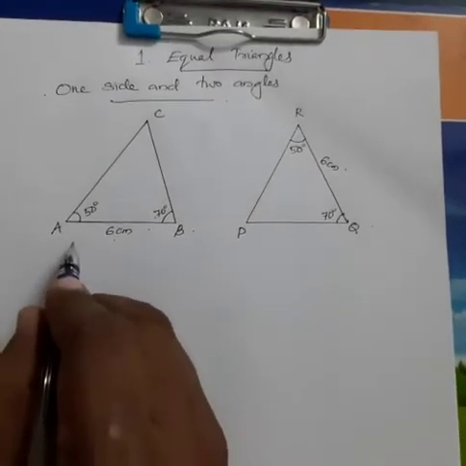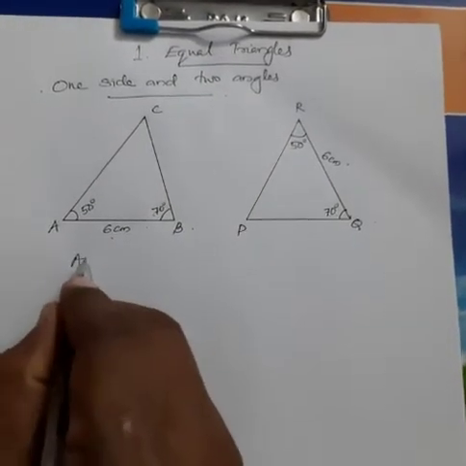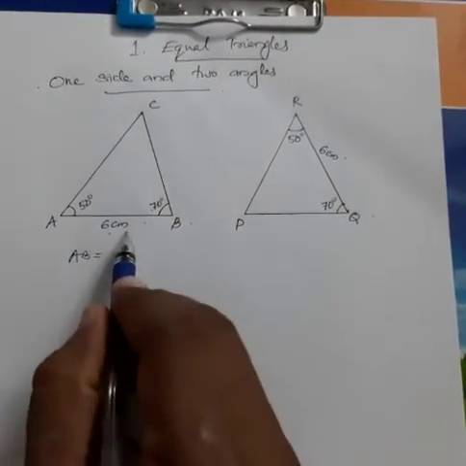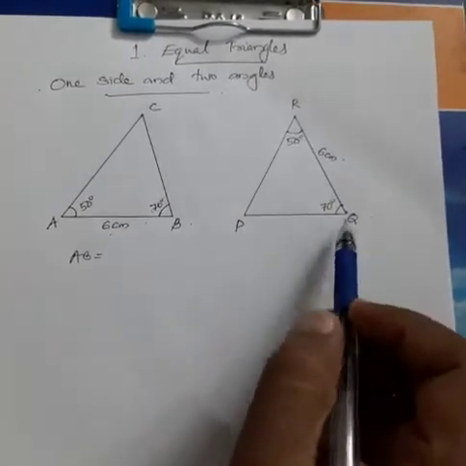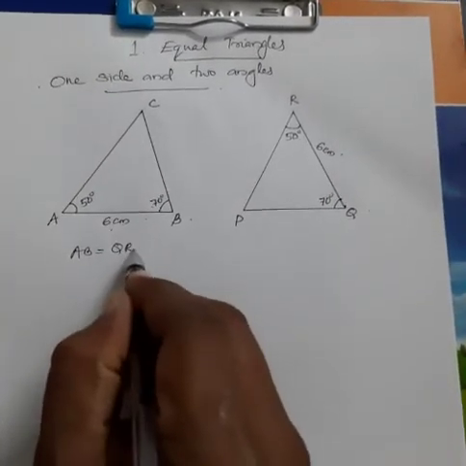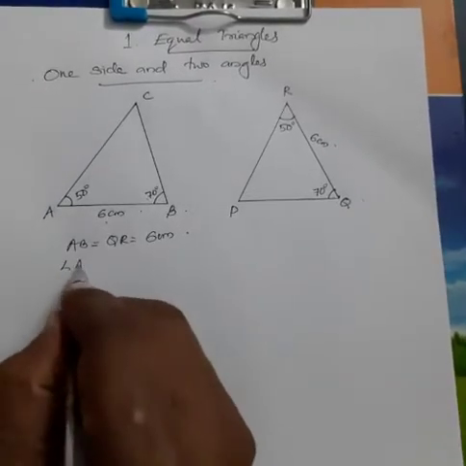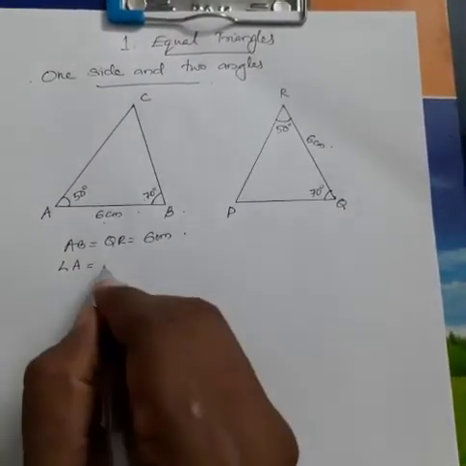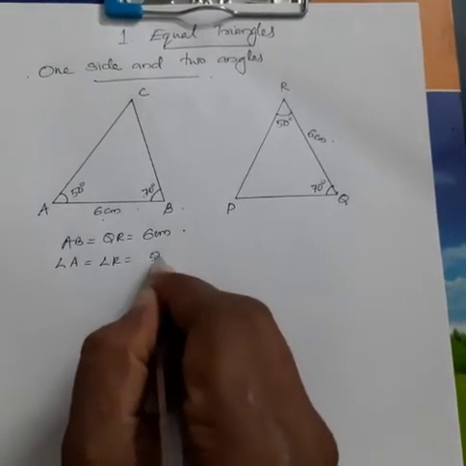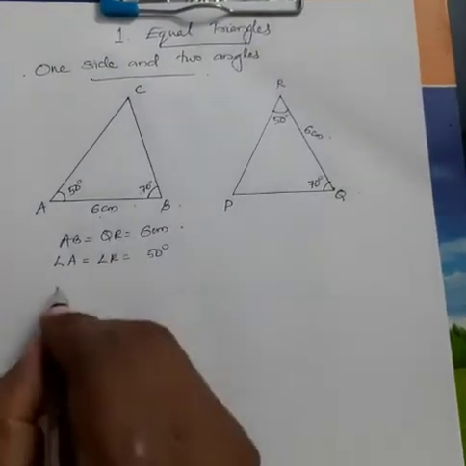Here AB is equal to 6 centimeter. QR is also 6 centimeter. Angle A is equal to angle R is equal to 50 degree.